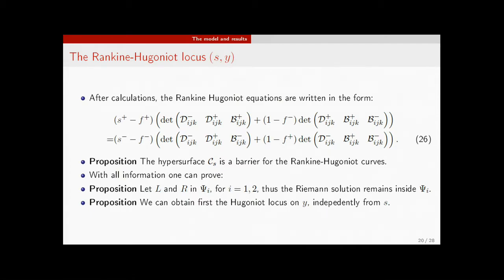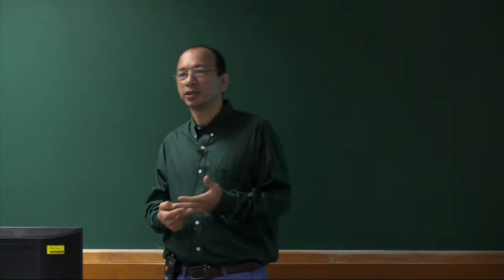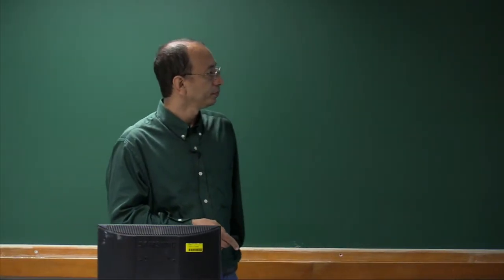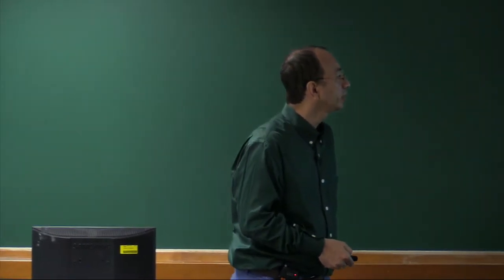The strategy to solve the Riemann problem is also the following. We first obtain the Hugoniot locus in this projected space, and after we obtain it in the full space of saturation, chemical space, and Darcy. This is the general idea.